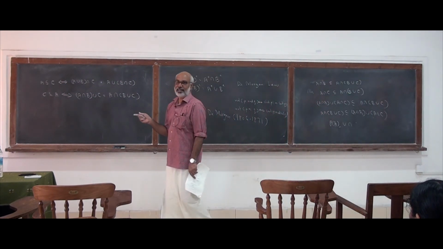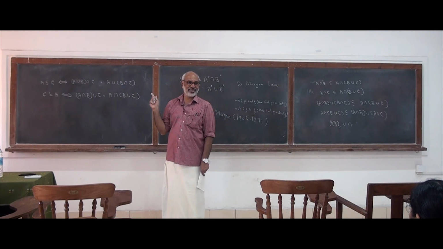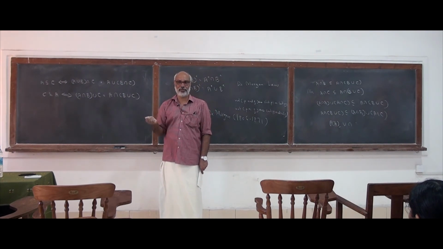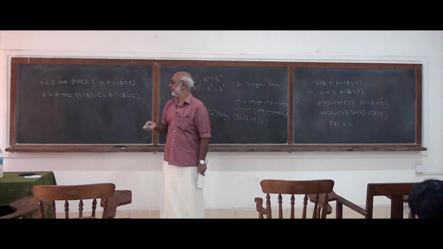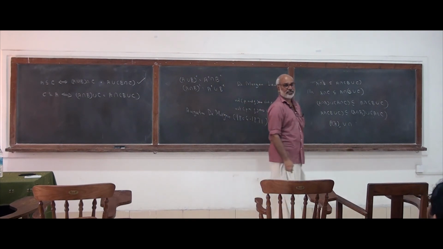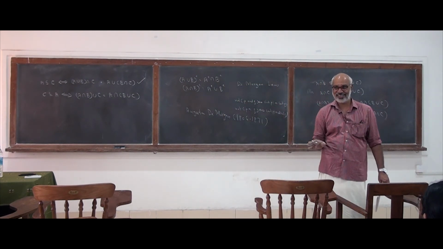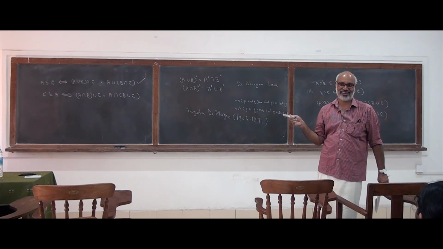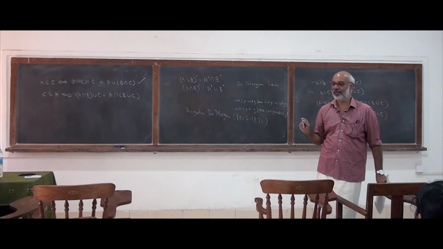There is one interesting fact about it. Interestingly, the second relation can be proved from the first. How? You take the complement. Suppose the first result is true for every set. Then the second result is also true for every set. Why?